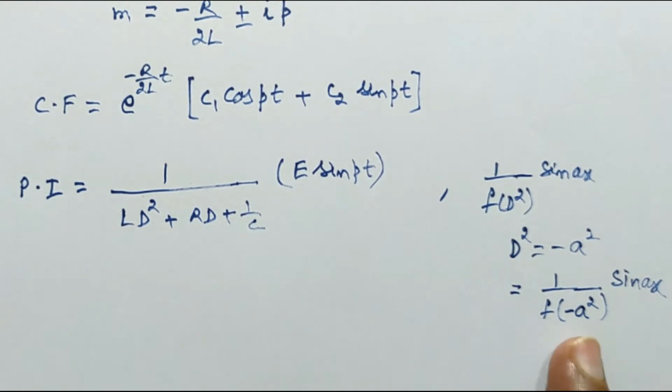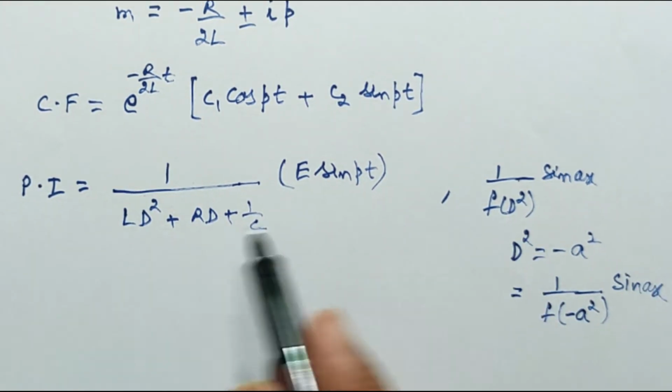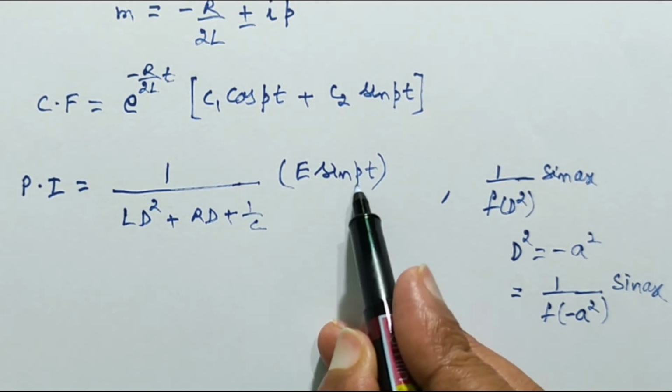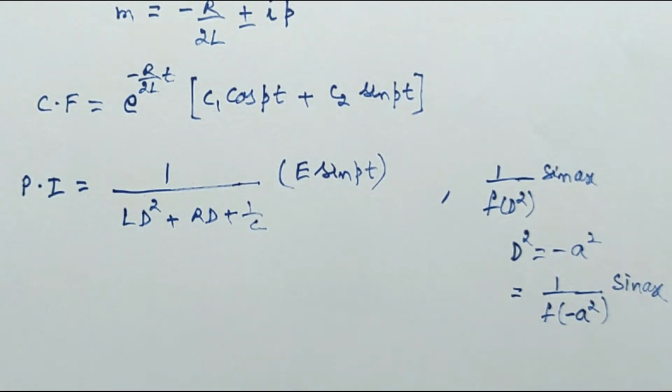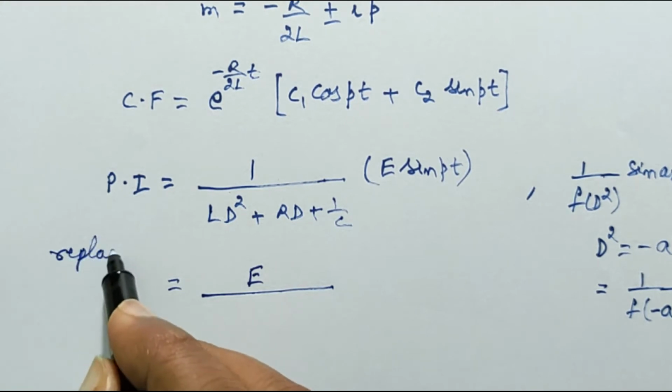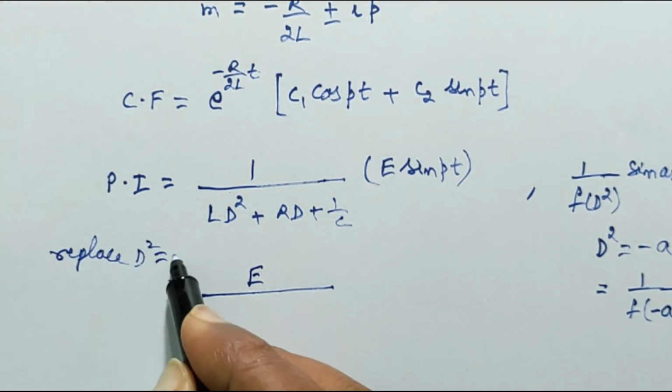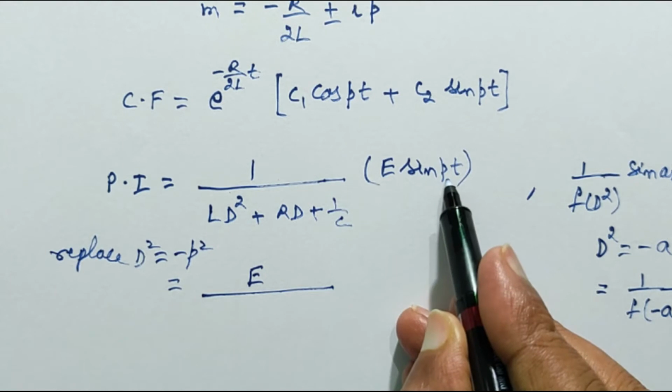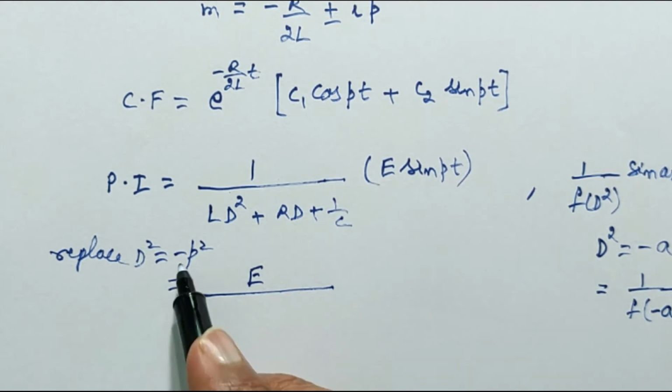If you use this particular integral form, I have to replace the value of D square by the coefficient of t, that is minus p square. However, this E is a constant, so I will keep this E outside here and replace D square by minus p square.